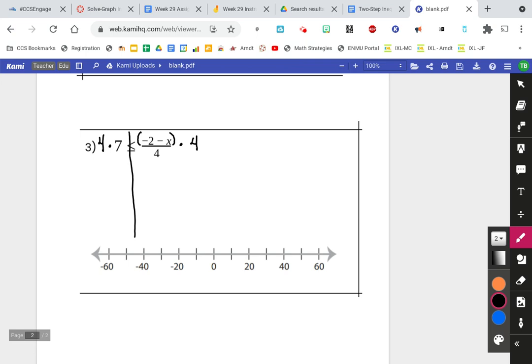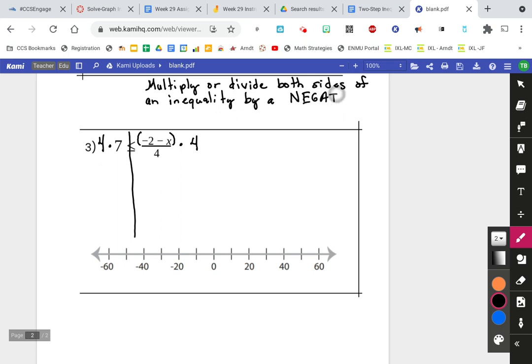Now, here's where kids will start flipping the symbol. Said, Miss Brown, I just multiplied both sides by 4. Yes, but it's not negative. Okay, so it doesn't meet the qualification. Make sure you know when you multiply or divide both sides of an inequality by a negative number.